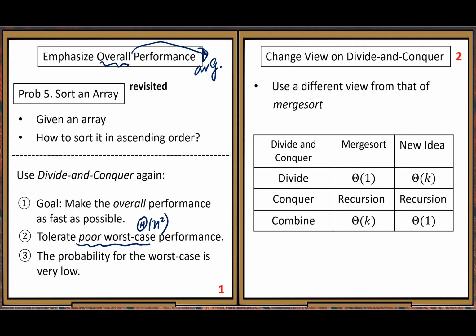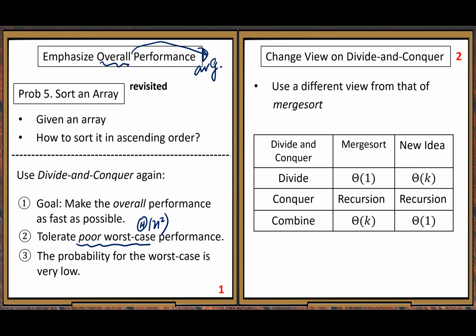In these three steps: divide step, conquer step, combine step. The conquer step, we don't worry because both of them rely on recursion to do the conquer. But divide step, quite different.